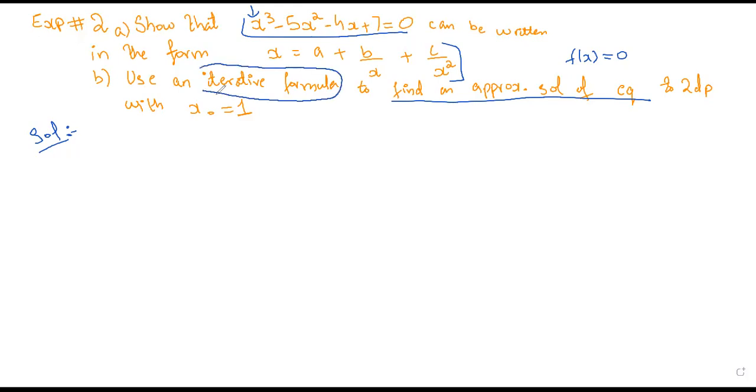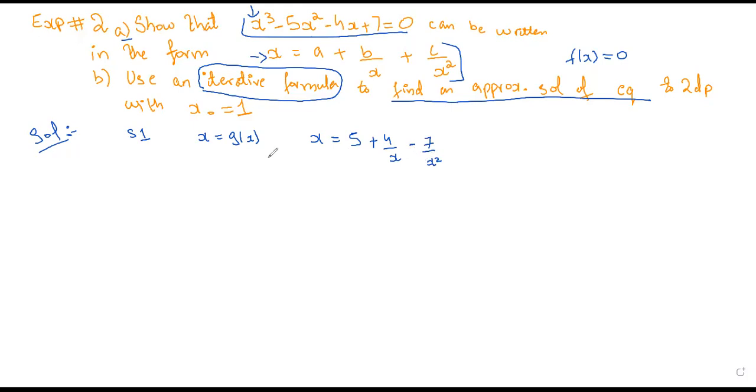Okay, let's do it again. So we have our first step. Step 1 is to write the x equals g of x form. And the purpose of doing part a was to basically find this form. So we had x equals 5 plus 4 by x minus 7 by x square, right?